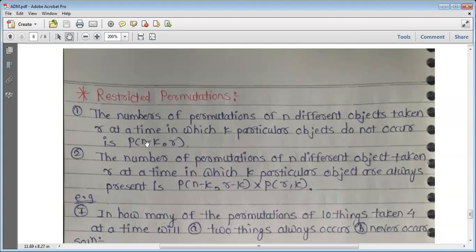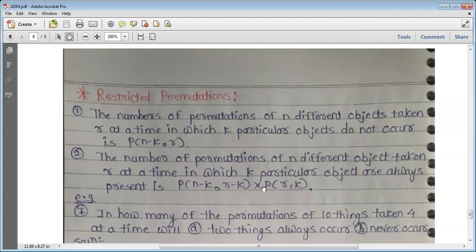In the second one, the number of permutations of n different objects taken r at a time in which k particular objects are always present. That is, out of these n different objects, k objects are always present in the permutation. These are the r objects that we have to take, and k are always present.